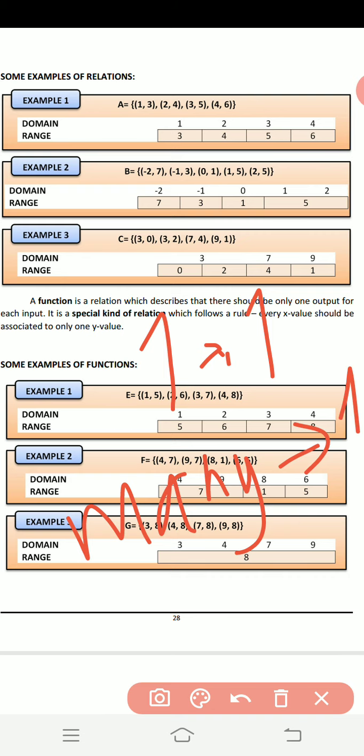O gaya ng sinabi ko sa inyo kanina, pwedeng ligawan ka ng marami, pero bawal yung manligaw ka ng marami. Kasi syempre, loto, raffle, the more the merrier. More chances of winning. Diba? So, hindi ganon. Sa math ganon din, hindi siya matatawag na function kapag baliktad. Tama, many to one. Hindi siya magiging function kapag one to many.